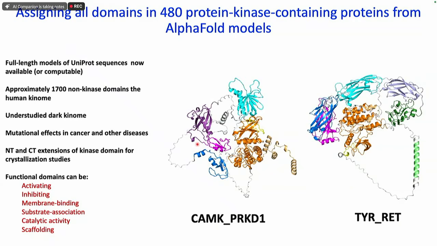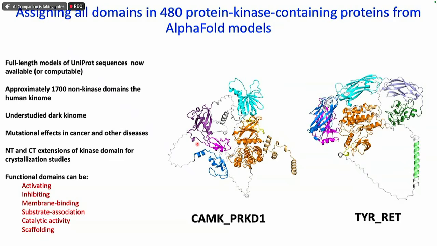I spent months, a few hours every night, a lot of hours on weekends, much to my partner's chagrin, and wrote down where the domains were according to ECOD, and then I would look at the structure and go, yeah, I would make that domain a little bit longer, or there's a piece of structure over here that's a nice little folded domain, and ECOD doesn't have anything. So that might be a novel domain that we want to identify and give a name to.